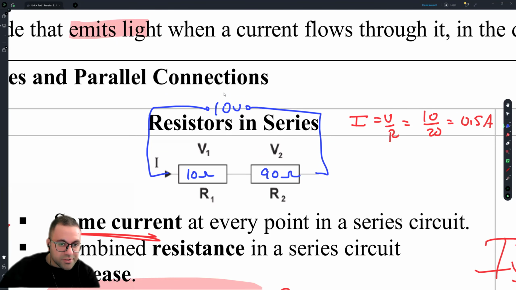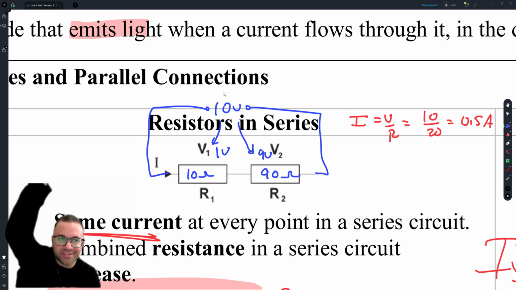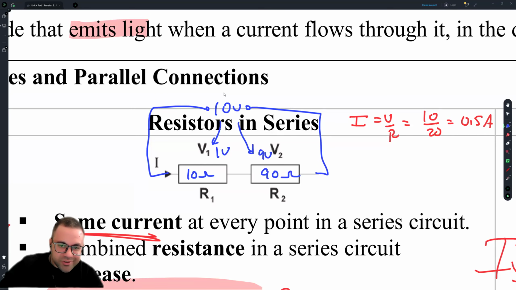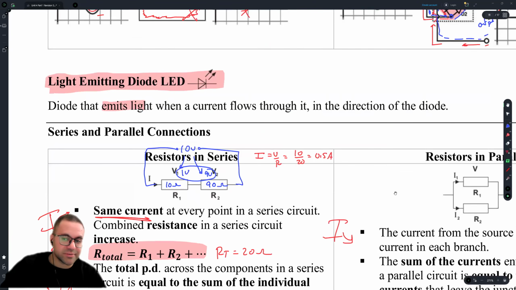The first resistor will only get 1 volt and the second resistor gets 9, the rest, because the voltage gets split according to the ratio of the resistors. One will increase, the other has to decrease so that the total voltage stays the same. It's 10 volts. Okay. That's if they're in series.